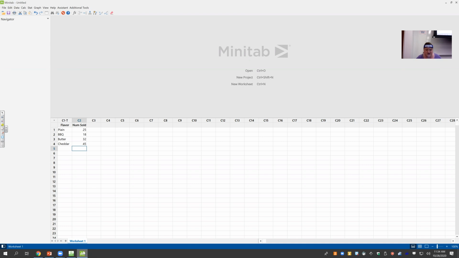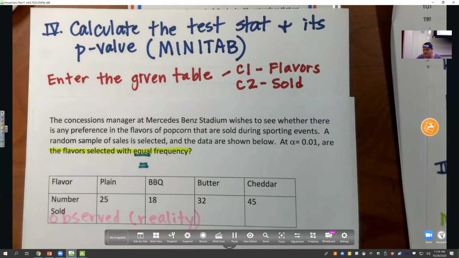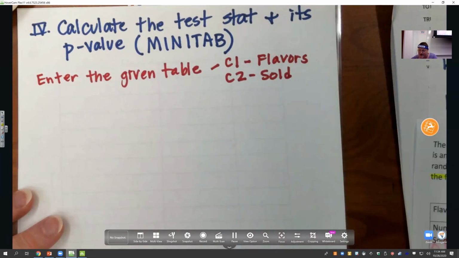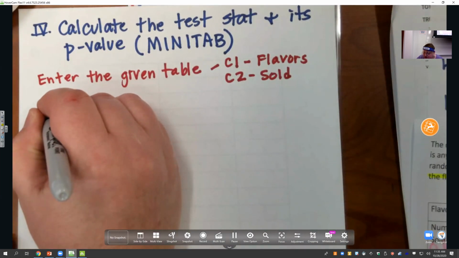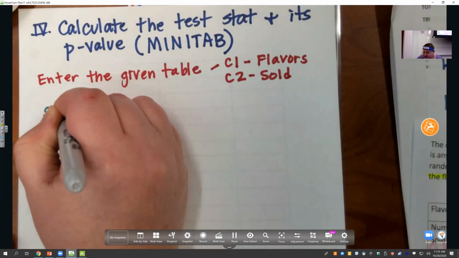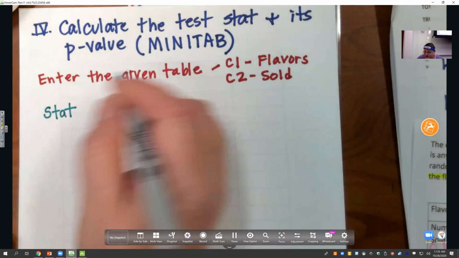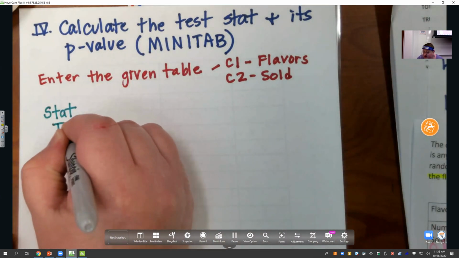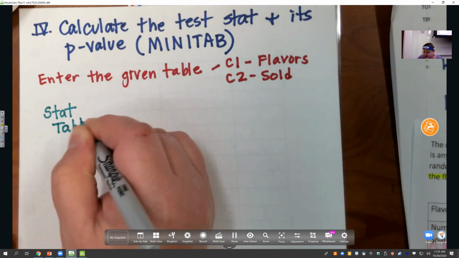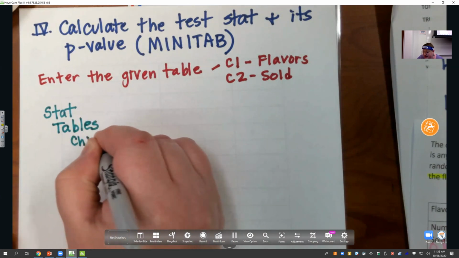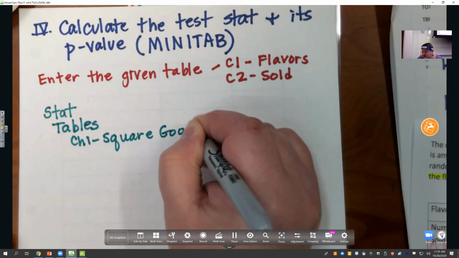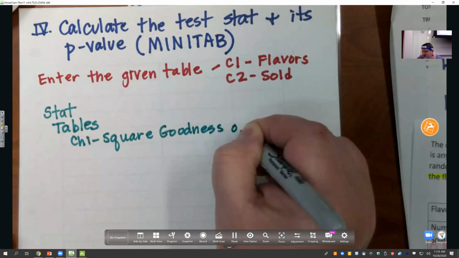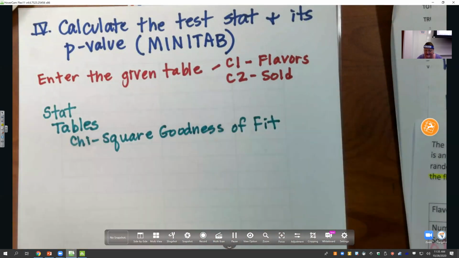Okay, then let me write down the keys for you, and then we're going to come back and do it. So after we get our table entered, we go to Stat on the menu bar at the top. We're going to scroll down to Tables, and then we're going to choose chi-square goodness of fit. And I think it says one variable.